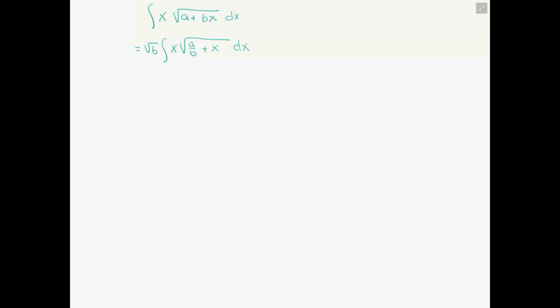Can't forget the dx's. Now, this isn't really any different from the squares. Let's say x equals a on b u squared. So dx equals a on b times 2u du.